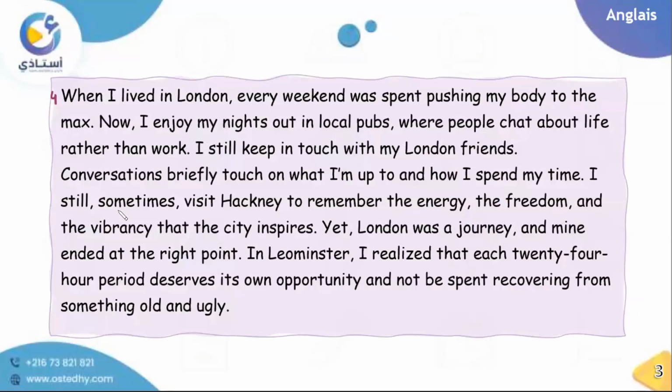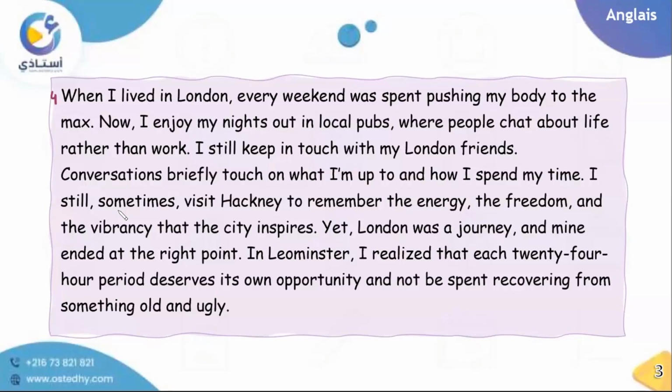Let me reread paragraph 4. When I lived in London, every weekend was spent pushing my body to the max. Now I enjoy my nights out in local pubs where people chat about life rather than work. I still keep in touch with my London friends. Conversations briefly touch on what I'm up to and how I spend my time.